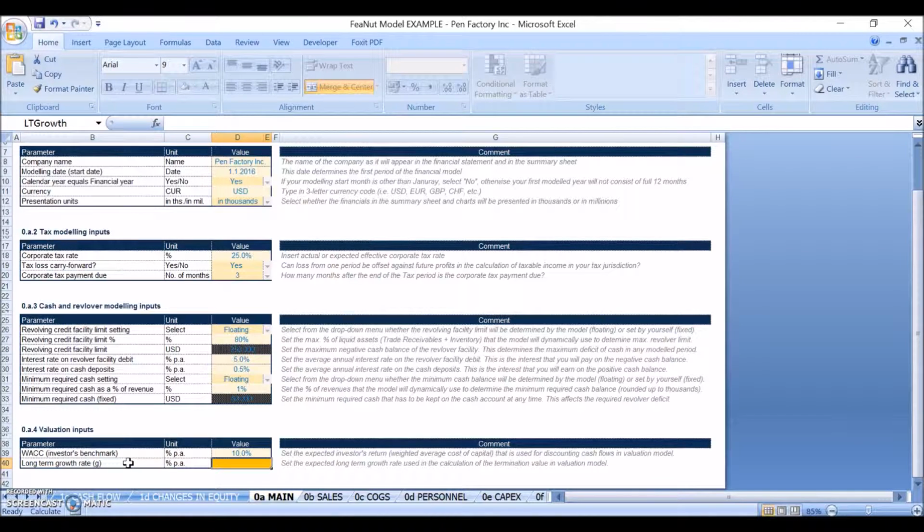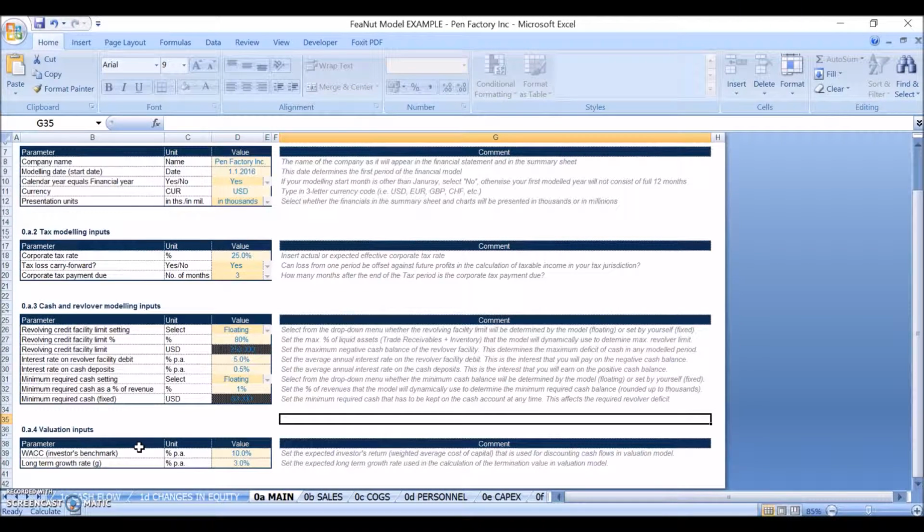But in the long term, what you can expect is that you will grow at the rate of inflation, or maybe something above the rate of inflation. You should not expect that any business could continue to grow, for example, at 10% a year indefinitely. So for our example, let's use 3%.